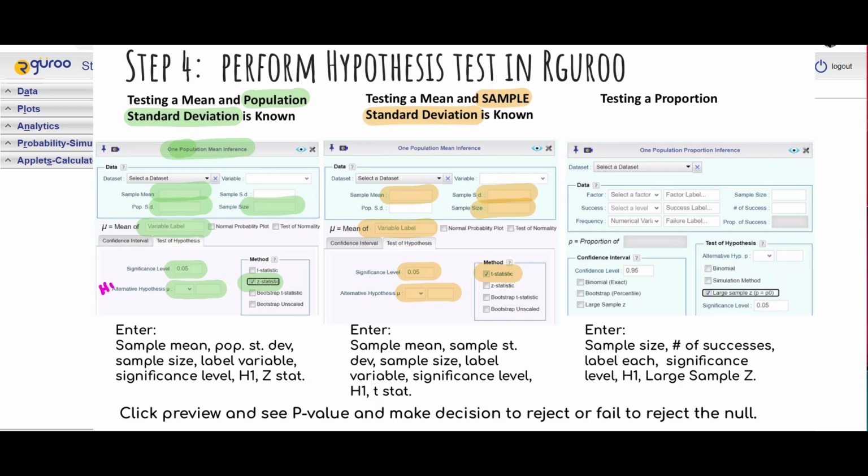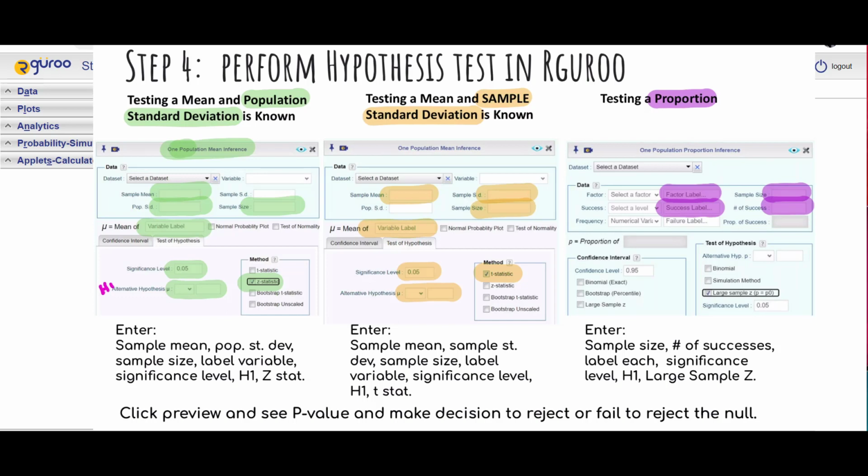And then there's when you test a proportion. So if you're testing a proportion, you need to enter the sample size and label what it's a sample of, what the population is. The number of successes and what a success is, label that. You do not have to label failure.